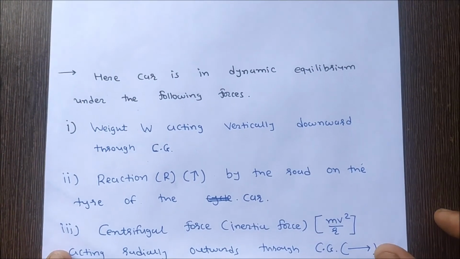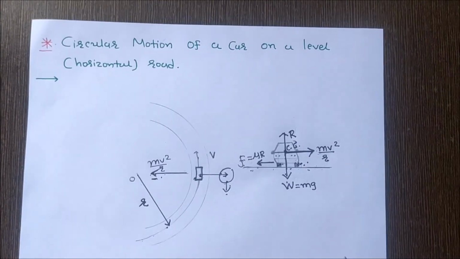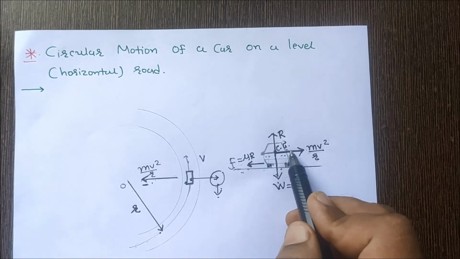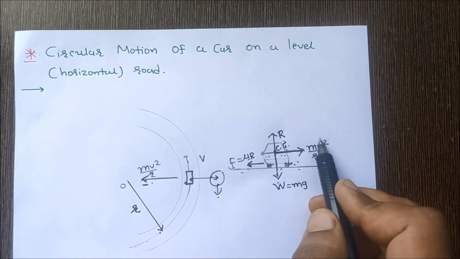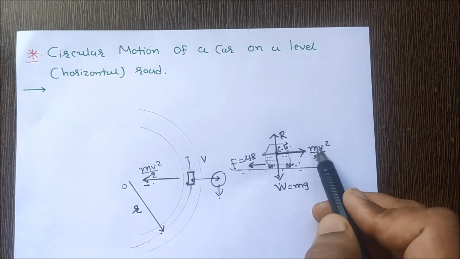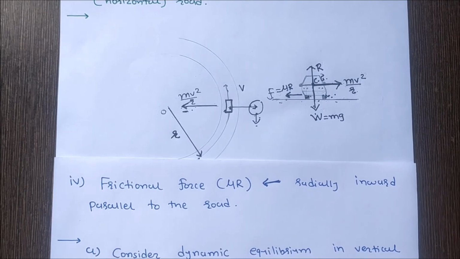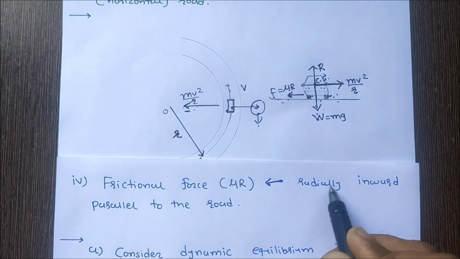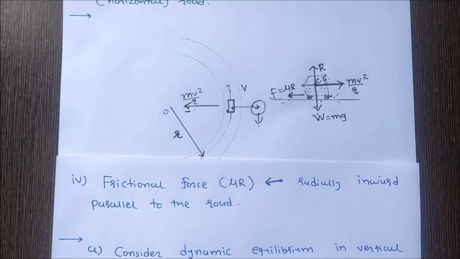Third is centrifugal force, or inertia force, mv squared by r, acting radially outwards through the center of gravity. Its value is exactly the same as the centripetal force, mv squared by r. And the fourth force is frictional force mu R, acting radially inward parallel to the road.